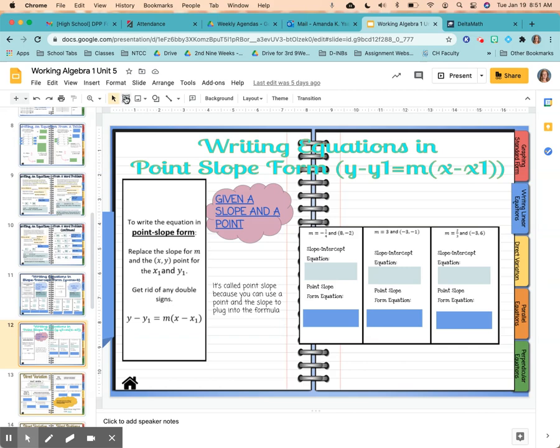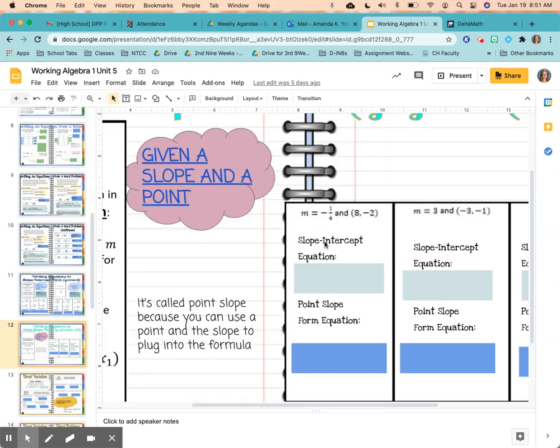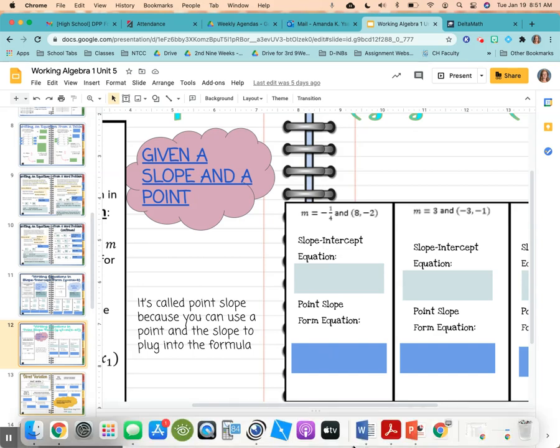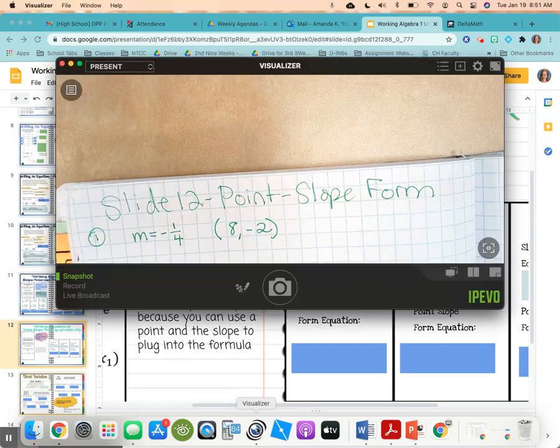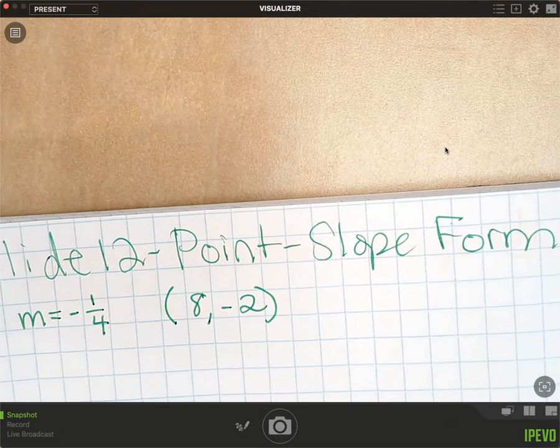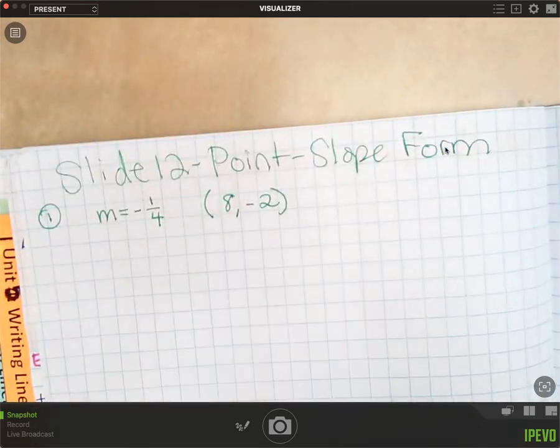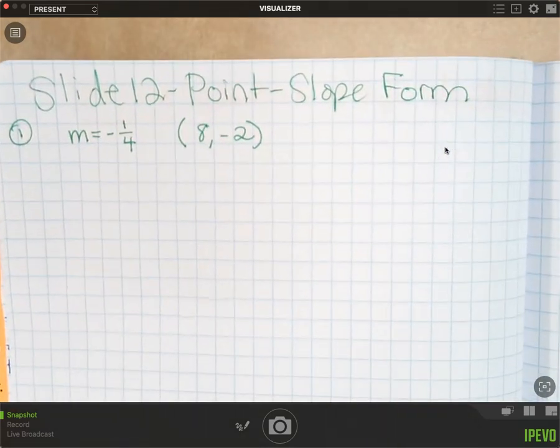So let's look at the first one and we'll write down the important information from it, and then we will use our formula. So I'll show you my composition book in just a second. So this is what my slide looks like right now.